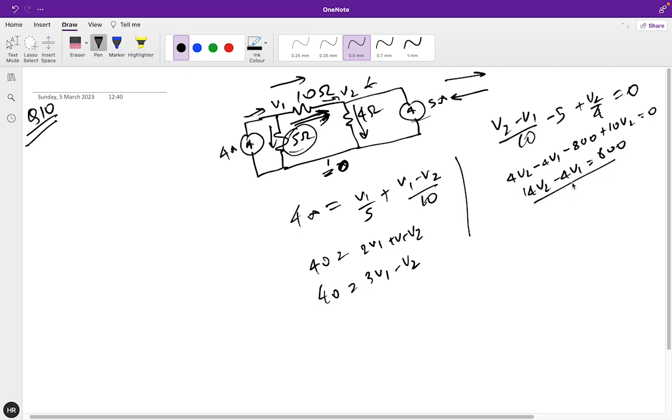Solve equation 1 and equation 2 and tell me the values of v1 and v2.